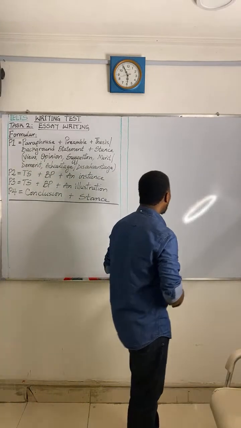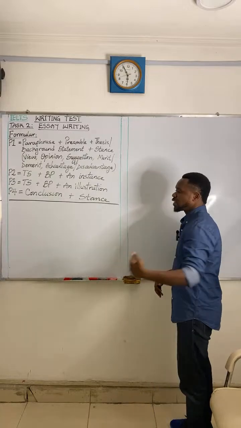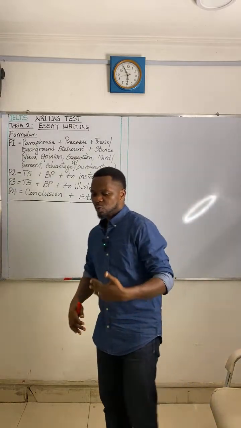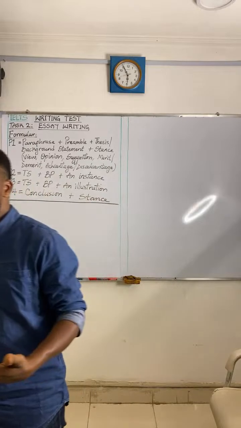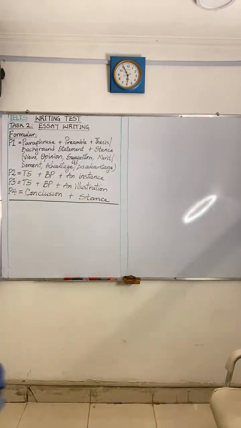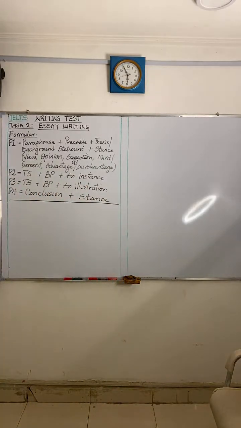If a question says, to what extent do you agree with the issue raised? Your thesis or background statement should clearly establish that your essay will be writing to vividly discuss the concerns raised.